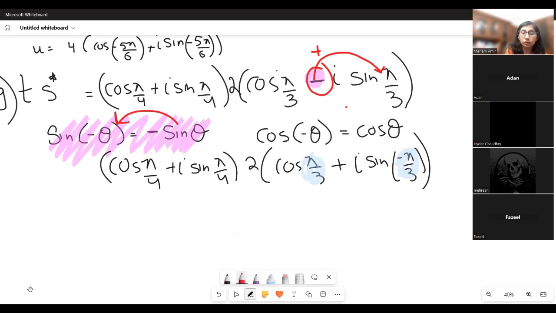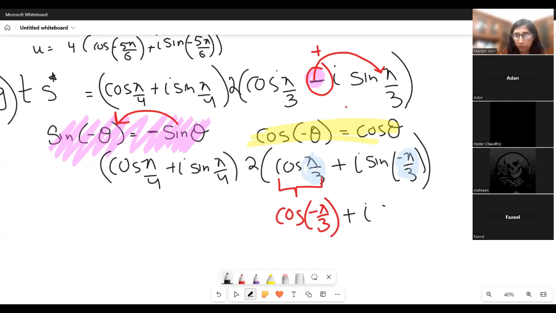However, we know the property that whether it is cos minus theta or cos theta, the answer will stay the same. So using this property, you can write this as cos minus pi by 3. It will not change the answer. So now both the problems are fixed. You have a positive sign in between and both the angles are minus pi by 3, which is the required form.